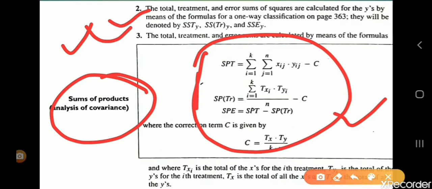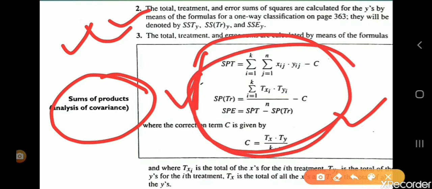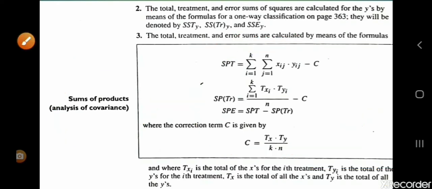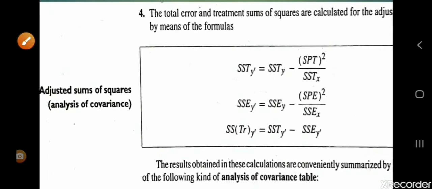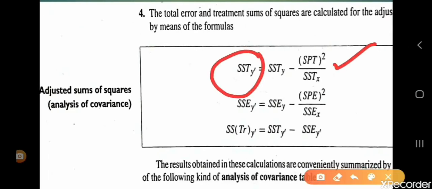So we will calculate the sum of products by these formulas, and these sum of products and the step 2 and 1 values will be used to calculate the adjusted sum of square. Here we are using these values.